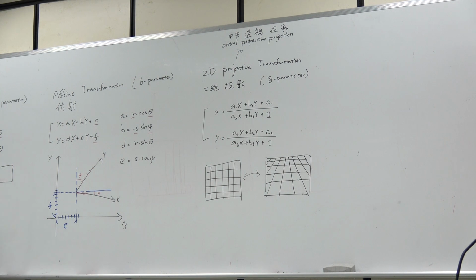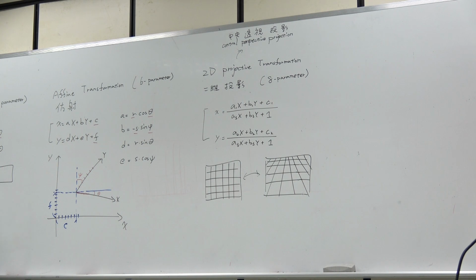What else? Any other shape that the conformal transformation can help you to transform to? No. Right, there's no other shape that conformal transformation can help you to transform to.